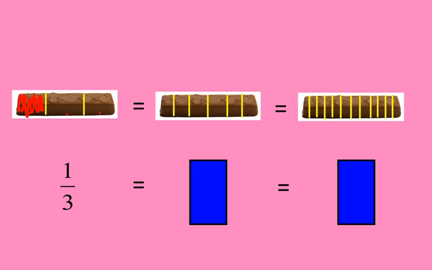Now what I want you to do is look at the next candy bar. The whole is the exact same size, but it's been cut into a different number of equal size pieces. I want you to find the equivalent fraction to 1/3. So you're going to stop the video and find the equivalent fraction to 1/3.